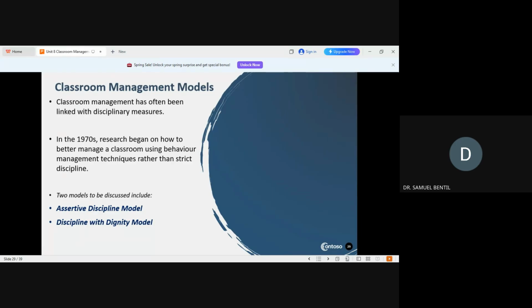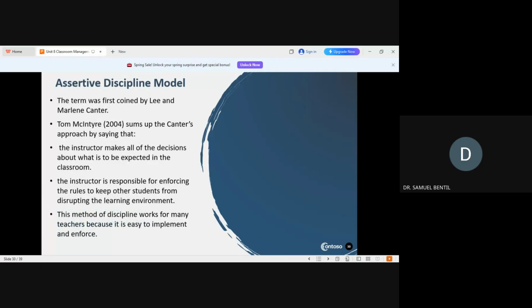So this research began, and at the end of the day, two of the research models that stood out are the assertive discipline model and the discipline with dignity model. Now let's look at what goes on in each of them.